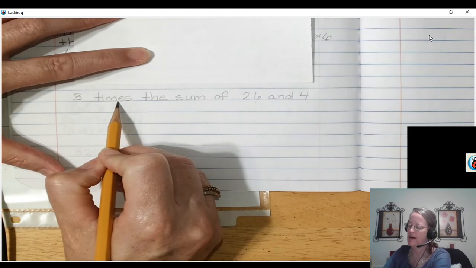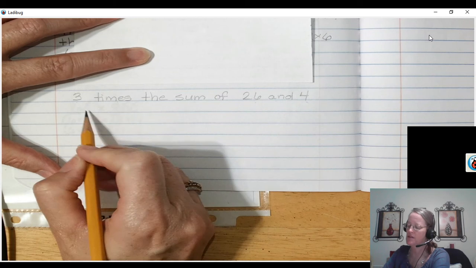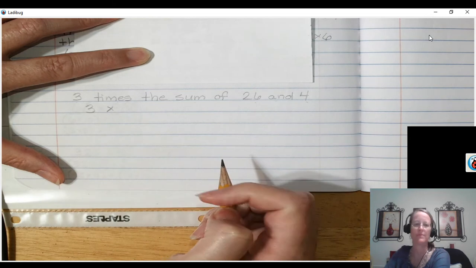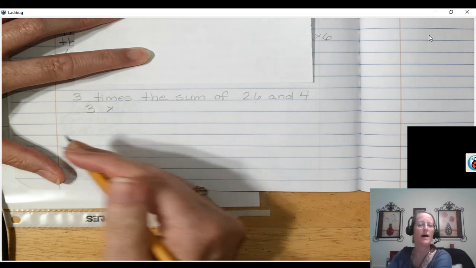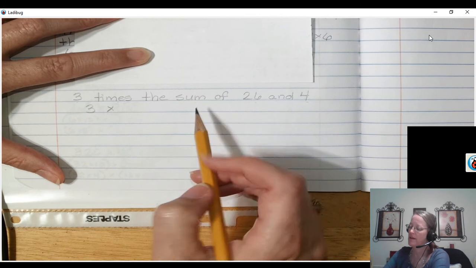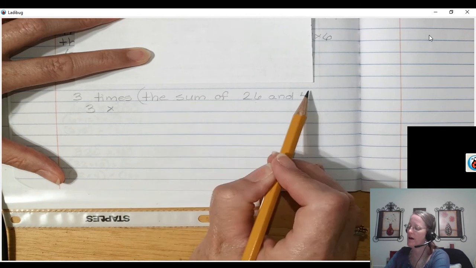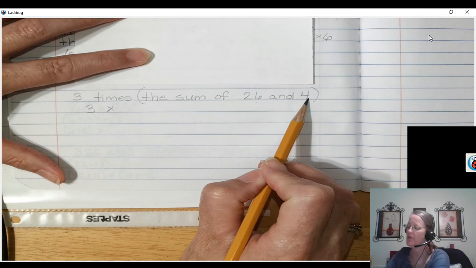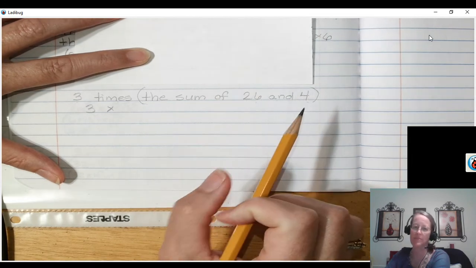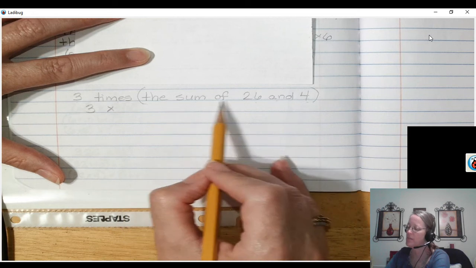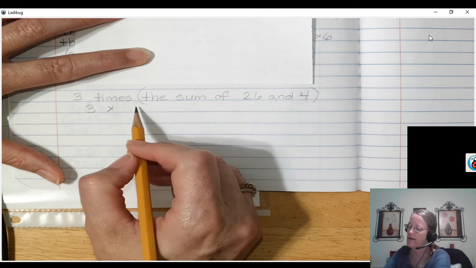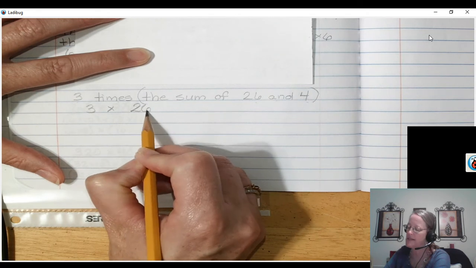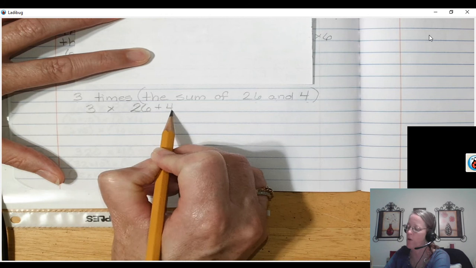3 times something. So I know that I'm just going to write 3 times. Well, 3 times what? The sum of 26 and 4. Remember, that was a common phrase that we had up top there. So the sum of 26 and 4, I know, would be written 26 plus 4.